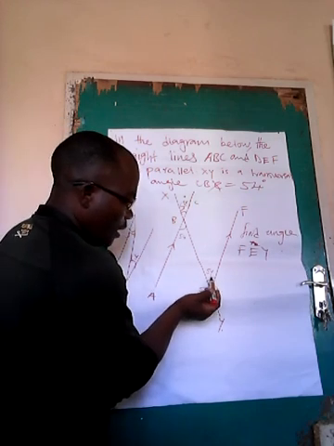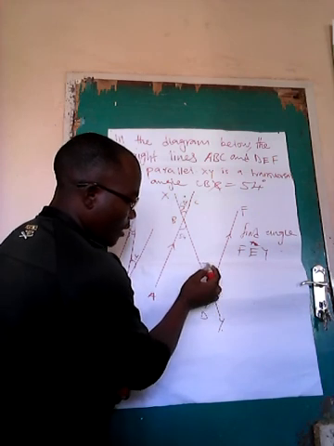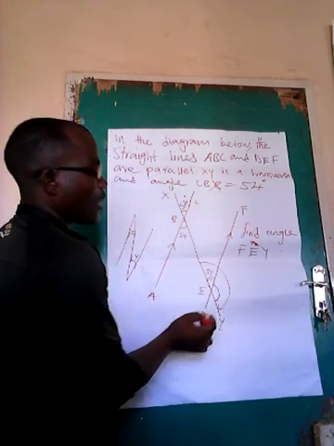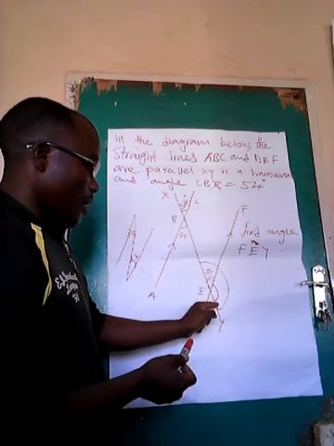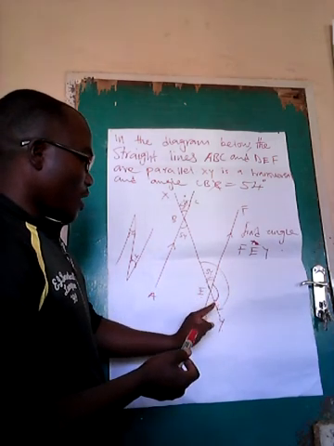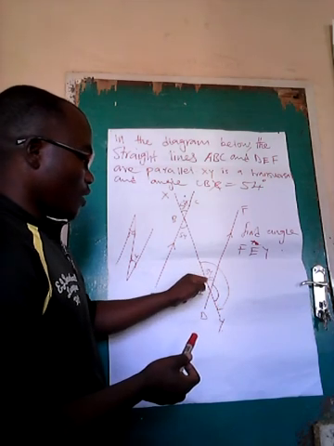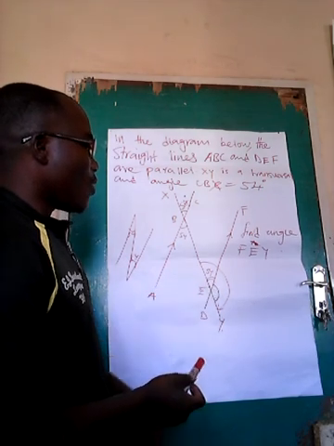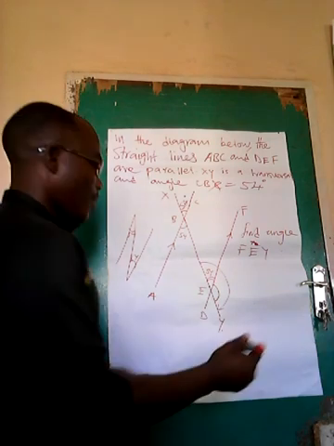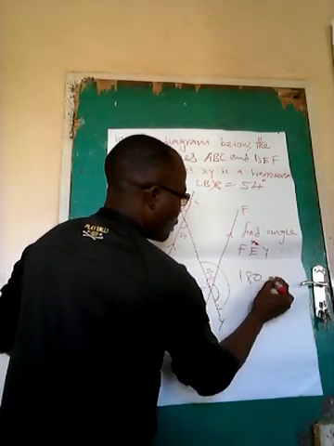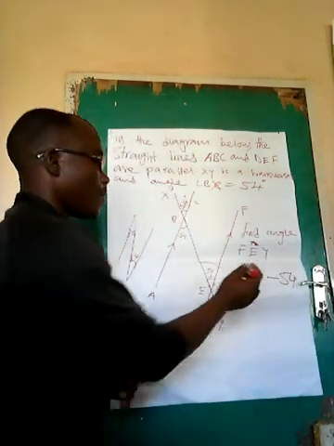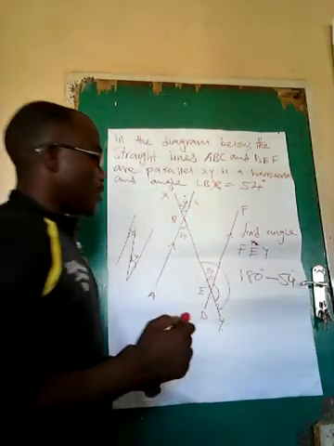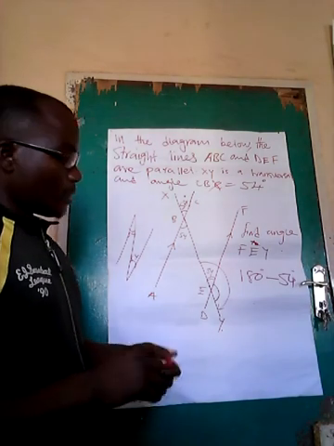So if we have this angle to be 54 degrees, and this one is a straight line, to remain with the remaining angle this side, you have to subtract 180 minus 54 degrees, so that you remain with angle FEY. So what is 180 minus 54 degrees?